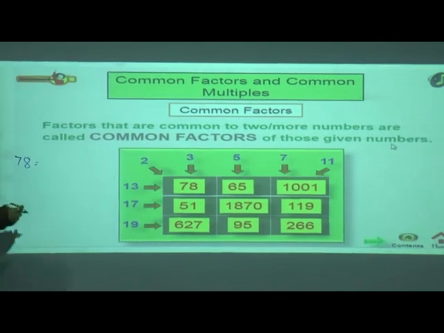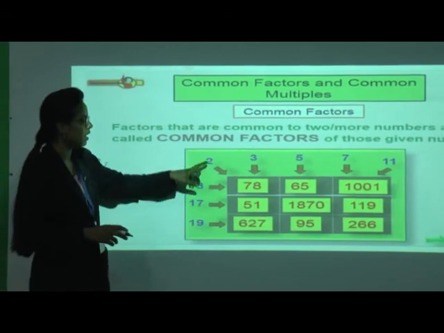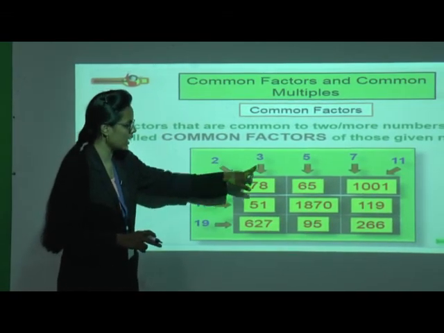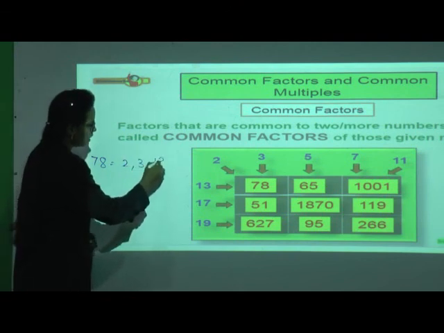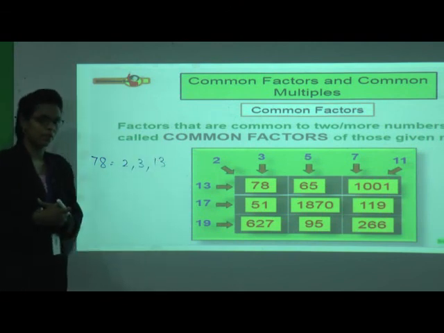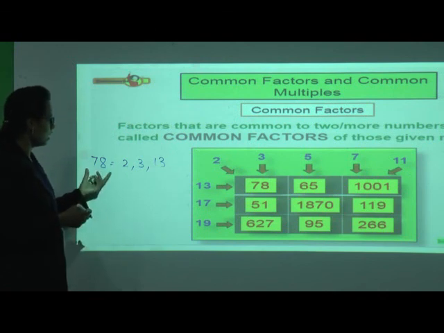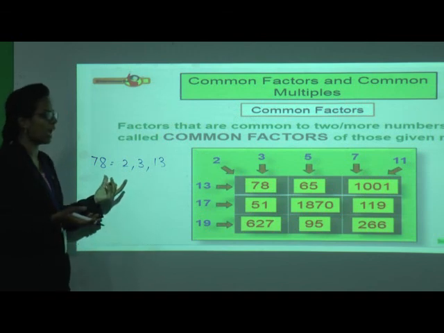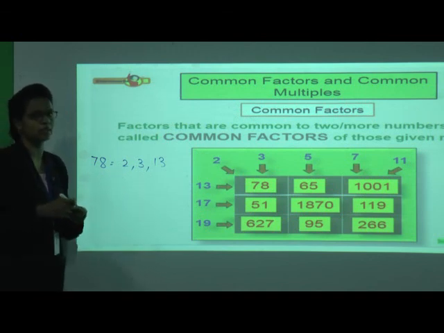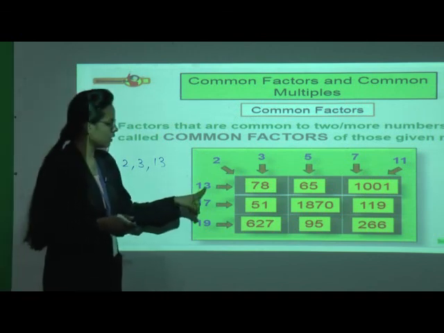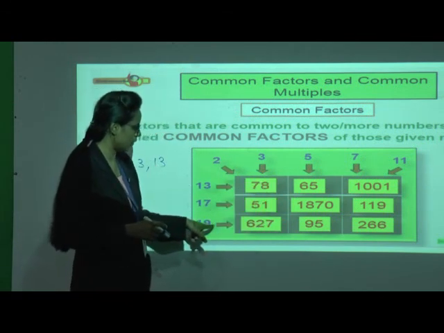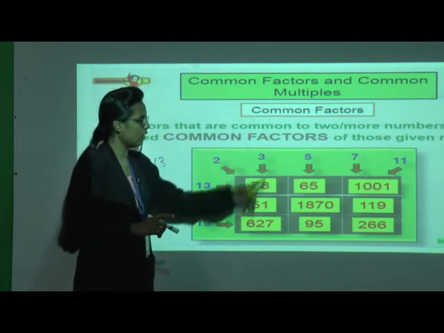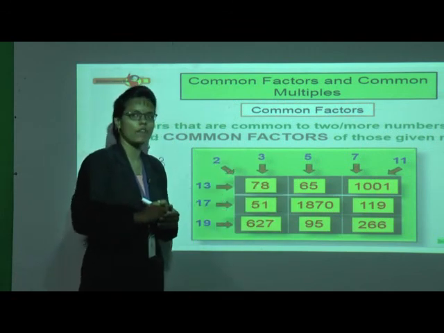The factors of 78 given in this table are 2, 3 and 13. In this way a number can have more factors. A number can have 2 or more factors. For example, these are the factors of 13, these are the factors of 17, these are the factors of 19, 3, 5, 7. In this way the factors are there.